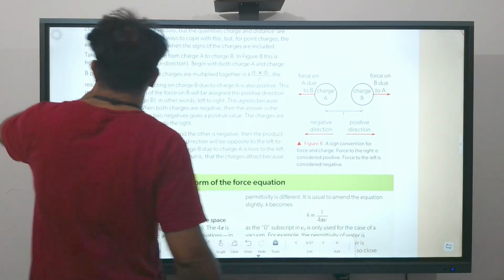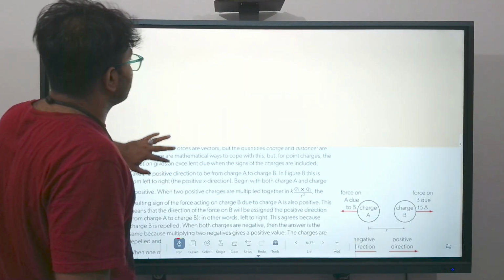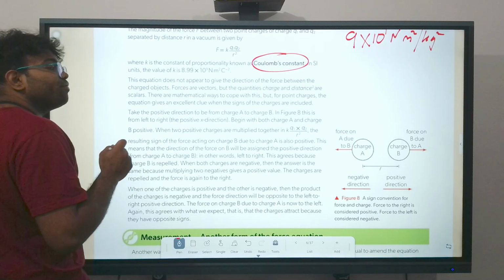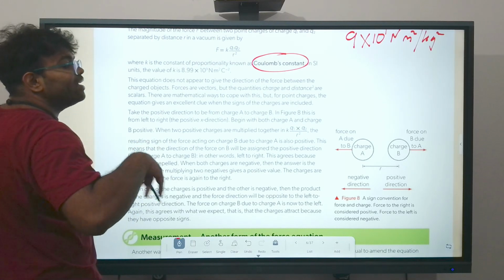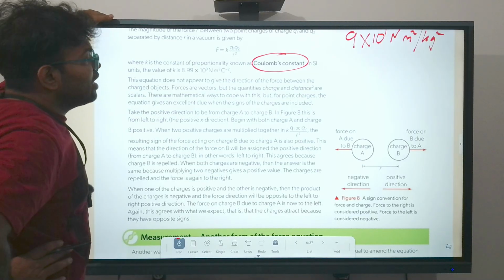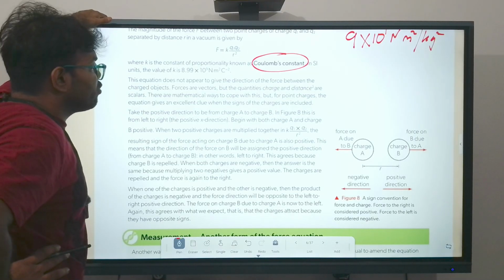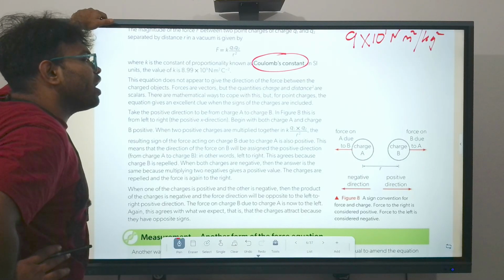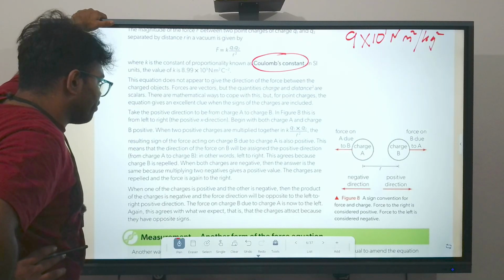Okay, now, where were we? Yeah, okay. Take the positive direction to be from A to B in figure 8. This is from the left to the right, the positive x direction. Begin with both charges A and B positive.